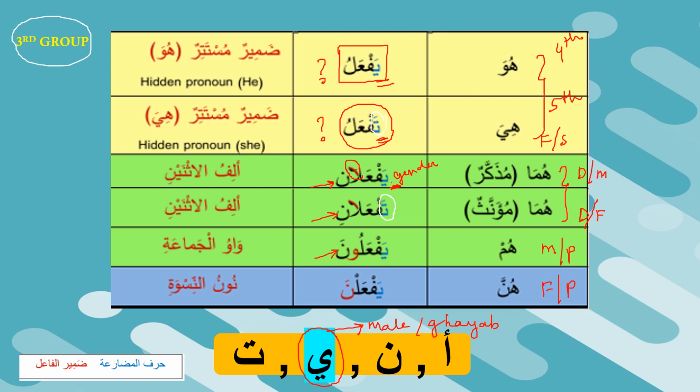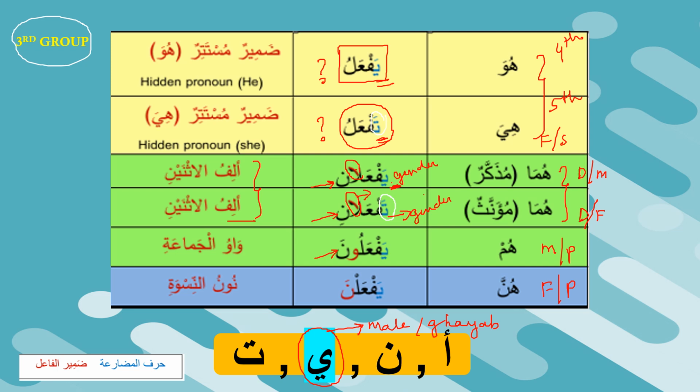And where is the damir? The damir is the aliful isnain. So this ta is telling you the gender, and this damir is telling you the number of people doing an action, and the name of the damir is aliful isnain. In both cases, it's aliful isnain.